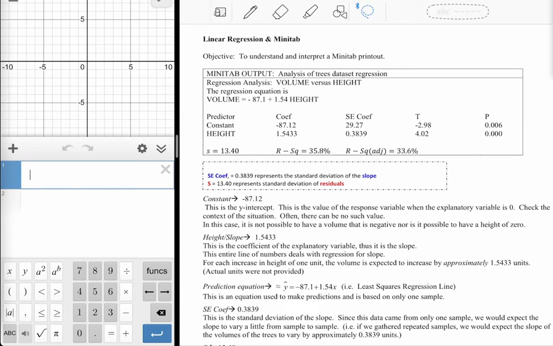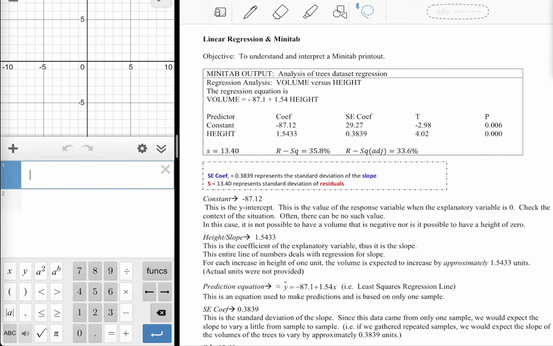But there are some things that are, I'd say, obvious. Like R-sq, R squared. It's pretty obvious what that represents. The R squared adjusted is not something we really work with too much, but then you see the regression equation: volume is equal to negative 87.1 plus 1.54 height.